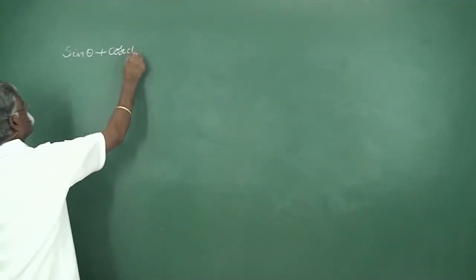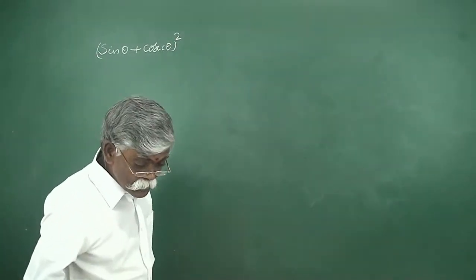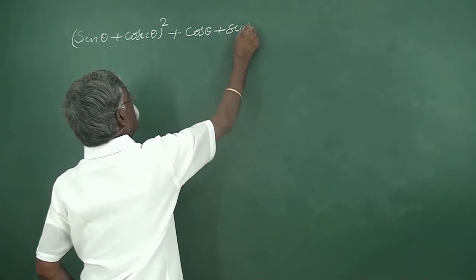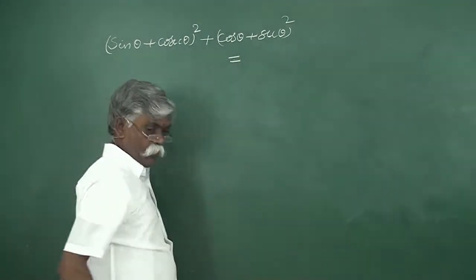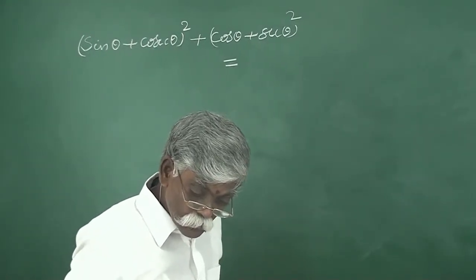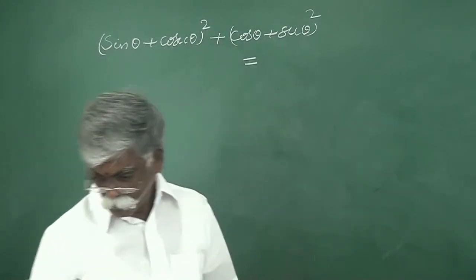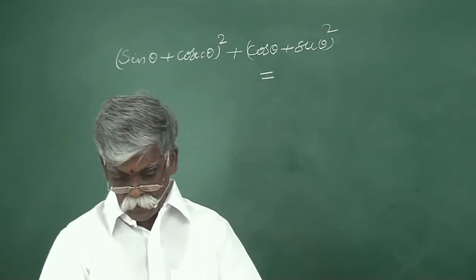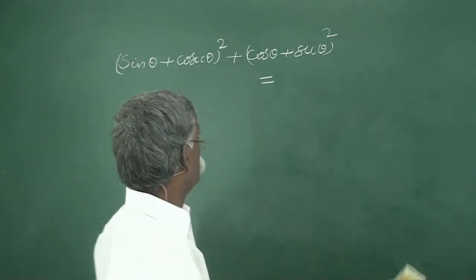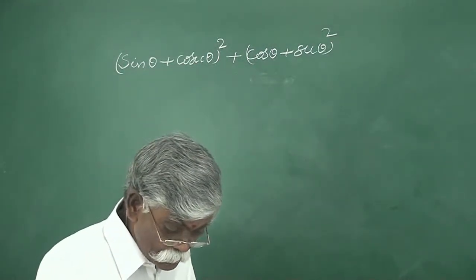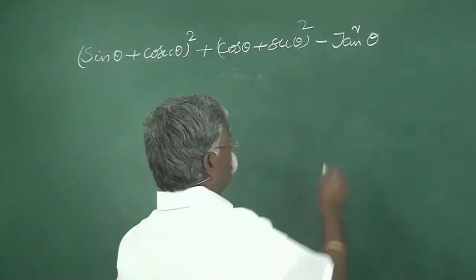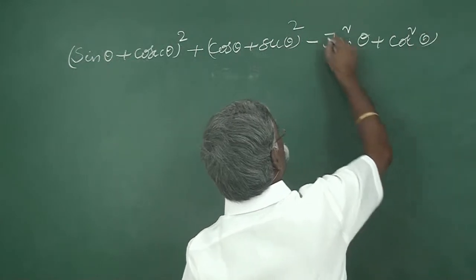Sin theta plus cosecant theta whole square plus cos theta plus secant theta whole square minus of tan square theta plus cot square theta is equal to 7.